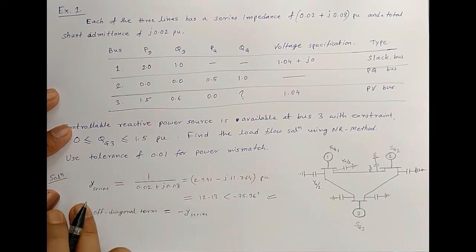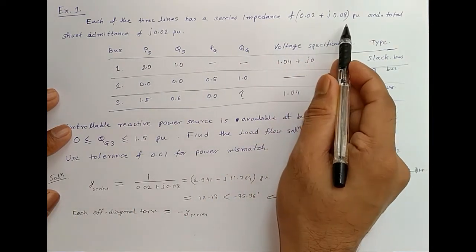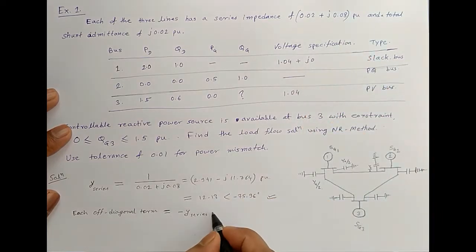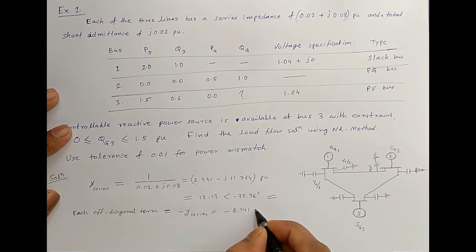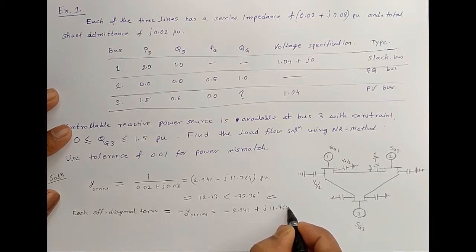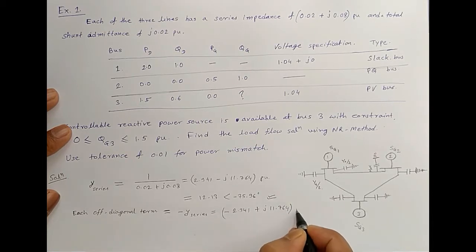Since all the lines have the same impedance, this will be minus of (2.941 plus j11.764) pu.